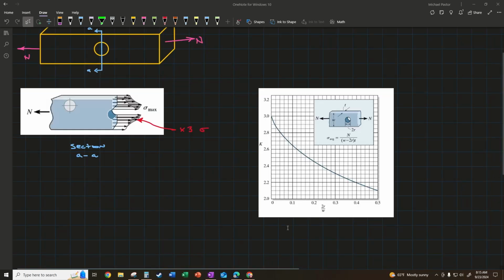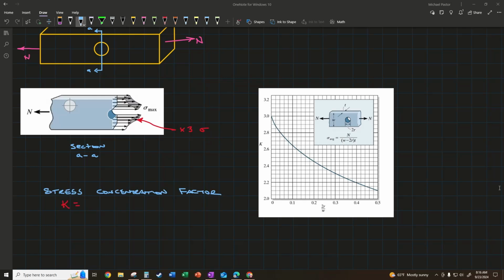If I look at a plot, we can see how the stresses are concentrated based on the size of the hole, twice the radius, divided by the width of the problem. And over here on the y-axis, we have this value K. And K is something we call a stress concentration factor.